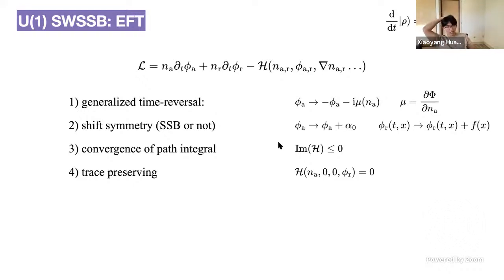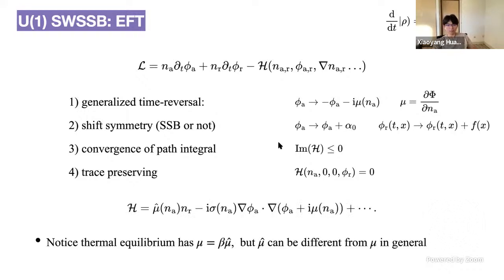So in short, these are the symmetries that you can find, and what you will get is that the most generic dynamics of your H tilde can be written as the following. The first term can be compared to the so-called energy density in the previous pure state U1 SSB case. And the second term is about the ghost mode.